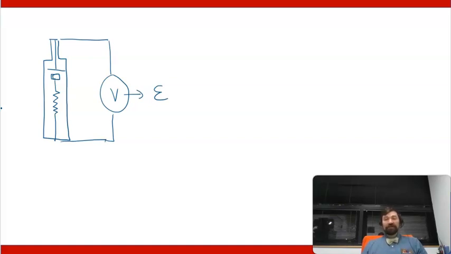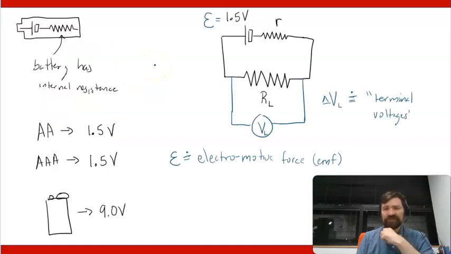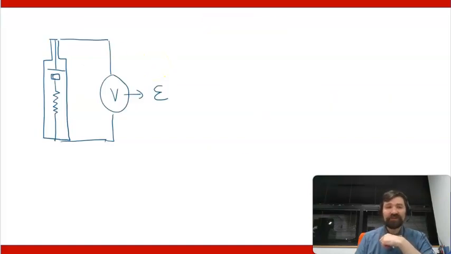But you now know that series and parallel connections exist between resistors. You know that now the internal resistance and the load resistance are in series with each other. And so that basically means that delta V load, the terminal voltage, plus delta V internal, the one across the internal resistance, have to add up to the total epsilon that we have here.